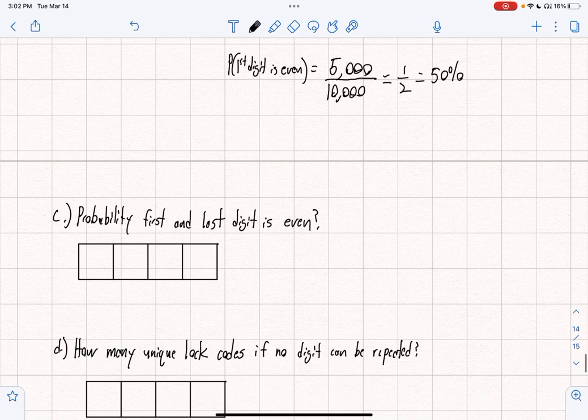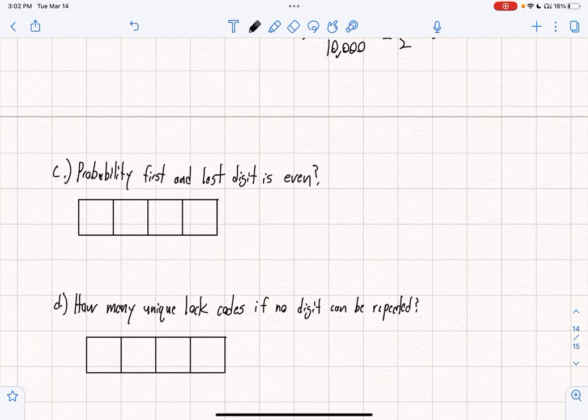Okay, but what if both the first and the last digit has to be even? Okay, well, so that means we have 5 options for the first, no restrictions on the second or third, so 10 total options, and then 5 options for the fourth digit. So I have 5 times 10 times 10 times 5. That's how many ways we can create a unique lock code with both the first and the last digit even.